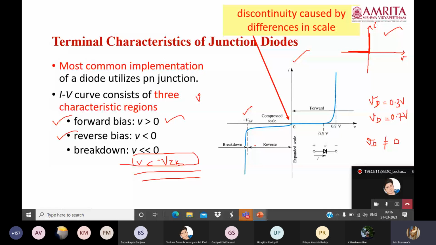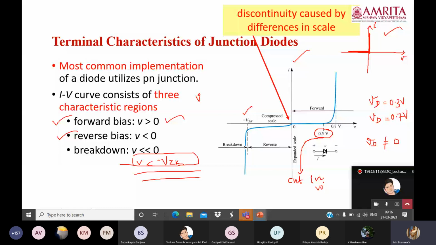Listen. In the IV characteristics in the forward bias region, the current is small for smaller values of voltage V, that is about 0.5 volt. This voltage is called cut-in voltage.